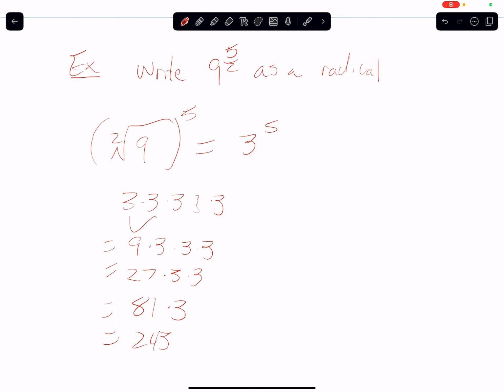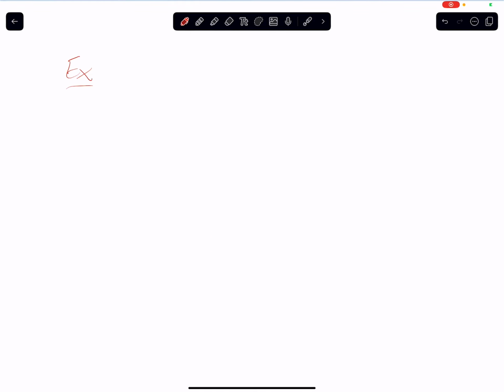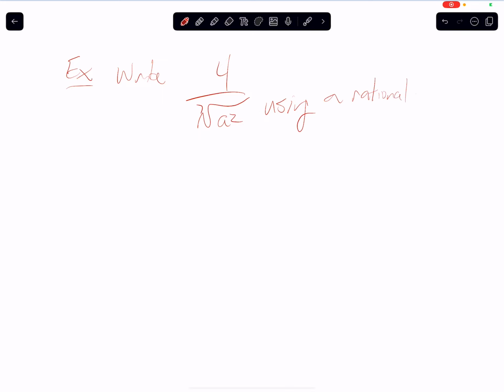Now let's try simplifying something that has a rational exponent and has variables. Let's now do an example where we write a radical as a rational exponent. So let's write 4 over the 7th root of a squared using a rational exponent.